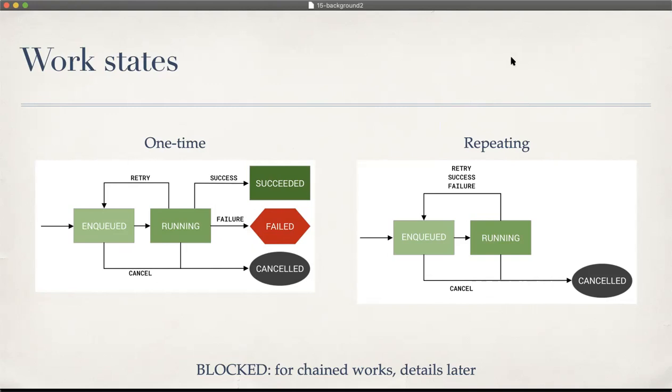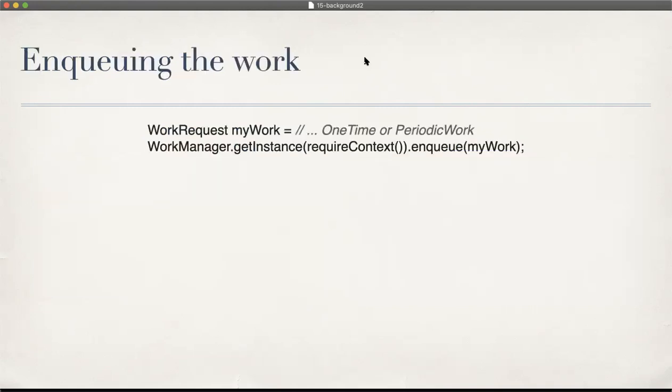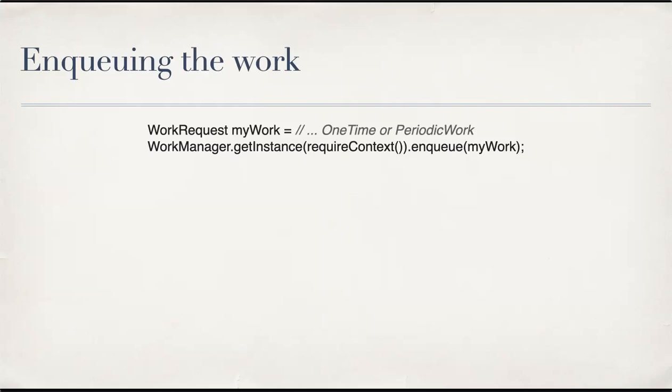Next, we'll talk about how to enqueue the work. We have created a work request. Now we'll talk about how to put it on the queue. So enqueuing the work is like this. You create a work request, either a one-time or a periodic work request, as we have seen, and then you grab an instance of the work manager by passing in the context and call enqueue on it.